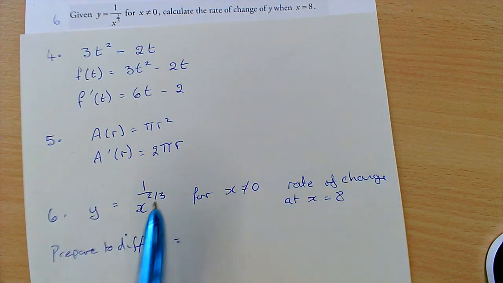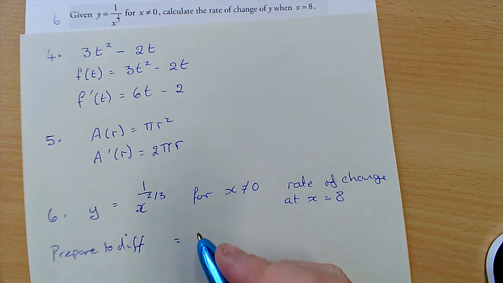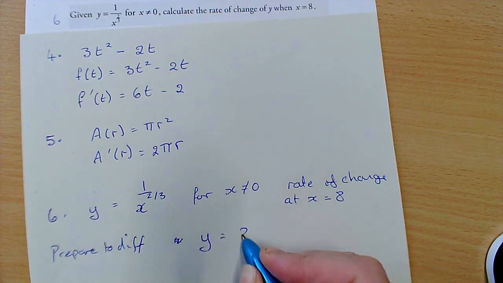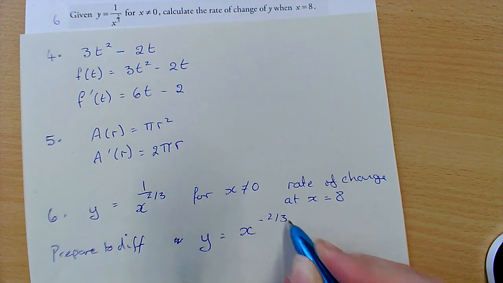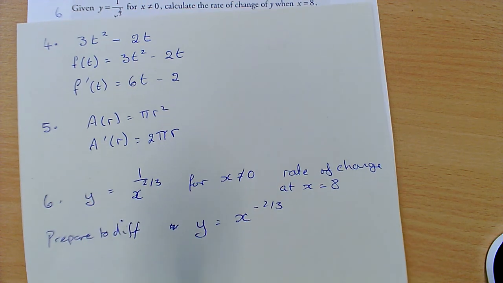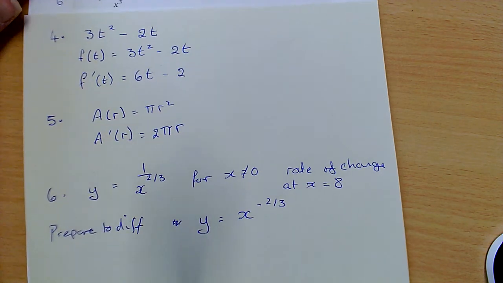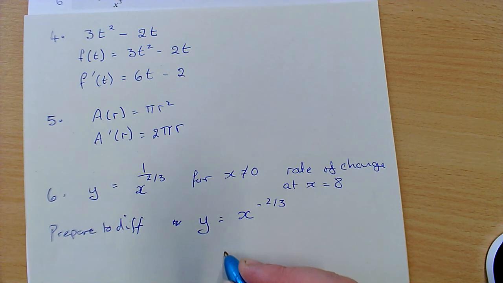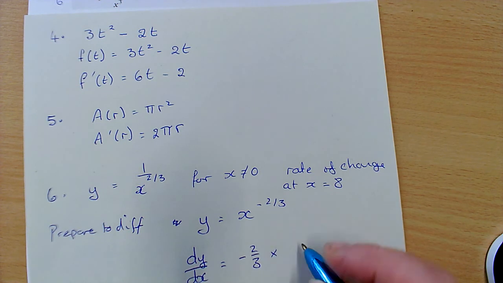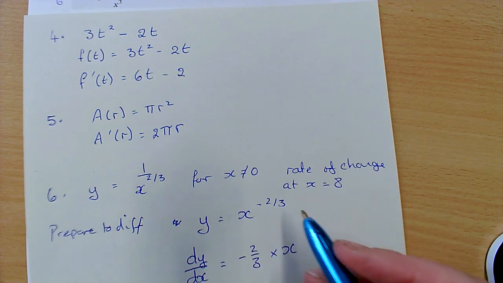So this is not yet in a form to differentiate, so we're going to prepare. So we don't want the x to the 2/3 on the bottom line, we want it on the top line. So y equals x to the minus 2/3. That's not different from that, it's the same thing, expressed in a form that we know how to differentiate. So now we can do that. So it equals, we multiply by the power, and reduce the power by 1.